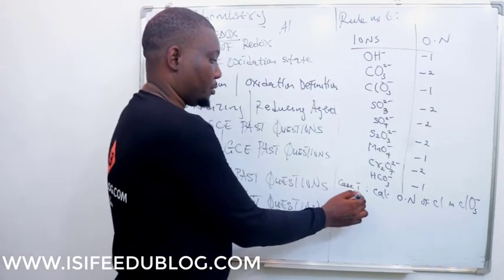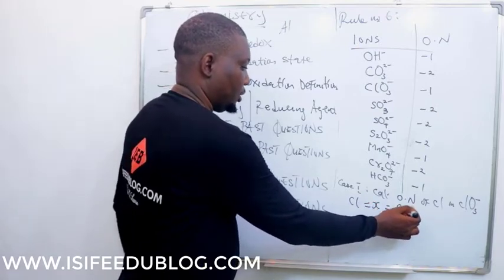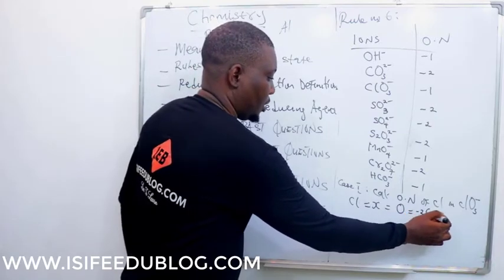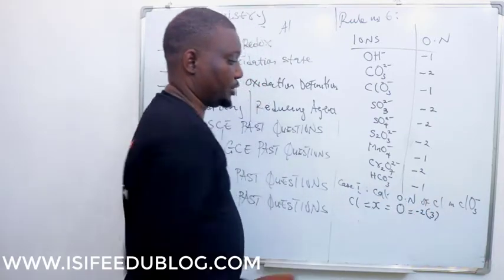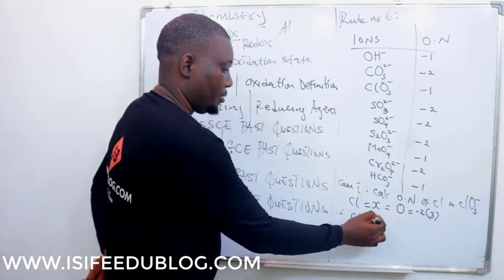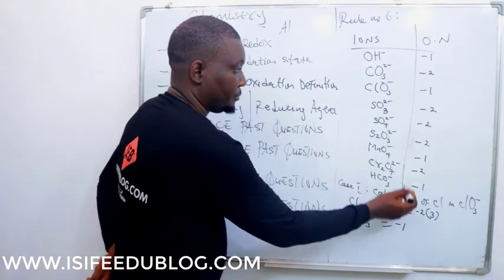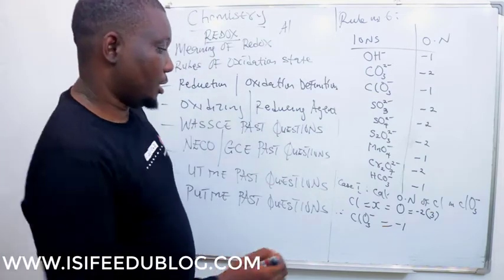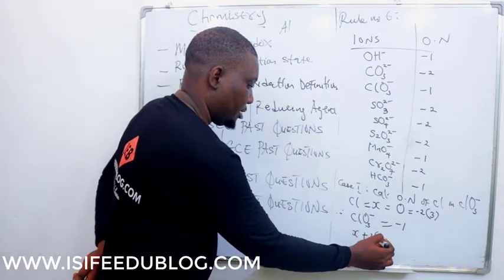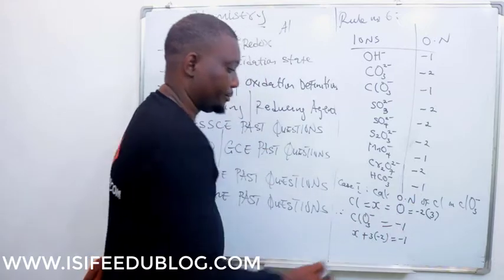Since we are looking for chlorine, let it be X, and you know that oxygen is -2. How many atoms of oxygen are there in that compound? There are 3. So, ClO3 minus: the sum of everything here equals -1. So here it will be X plus 3 multiplied by -2, everything equals -1.